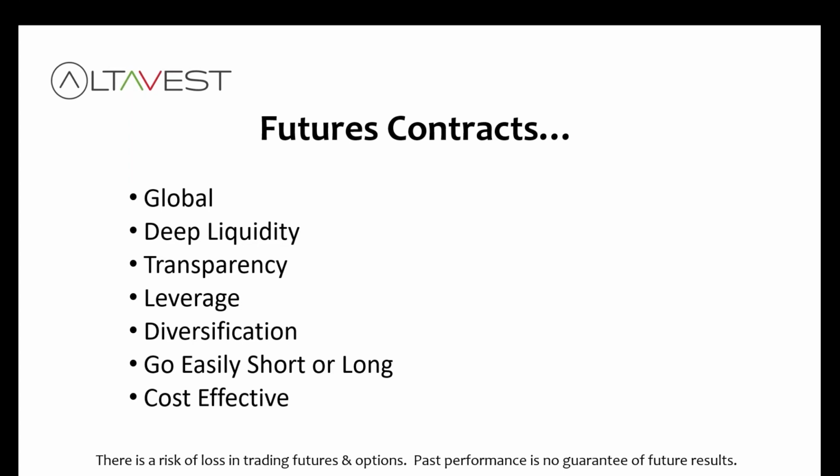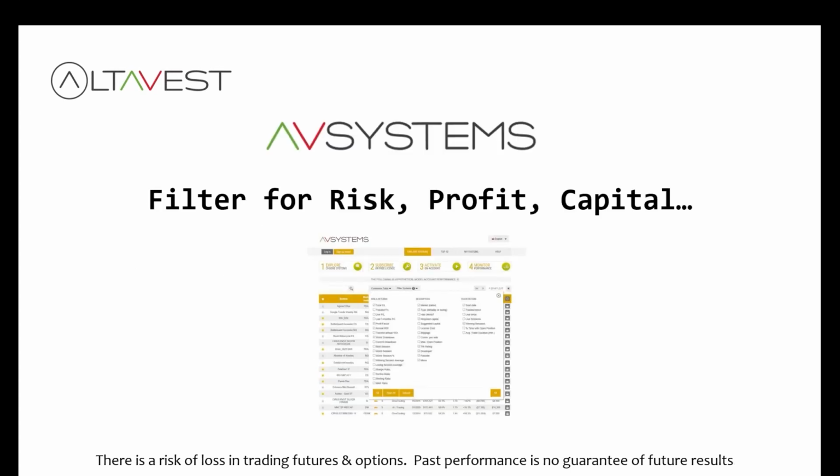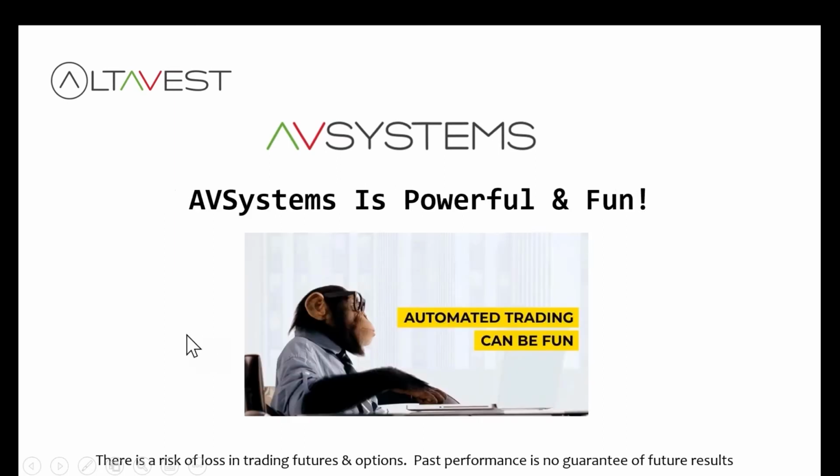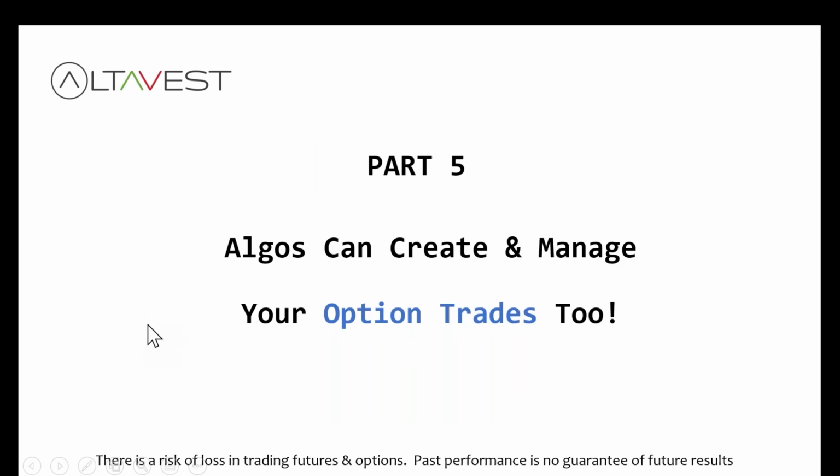There's none of that nonsense with borrowing on margin to go short. You want to go short, you sell. You want to buy, you buy. That's it. And it's very cost effective. You see how you can filter for risk, profit, capital requirements, anything that you want in the platform. It's powerful, it's fun. And with that said, you can even use algos for options trading.